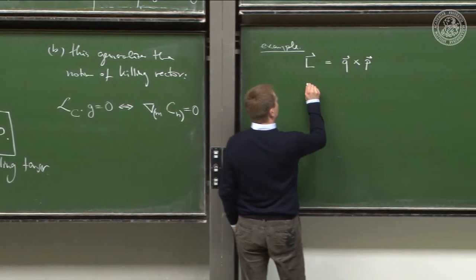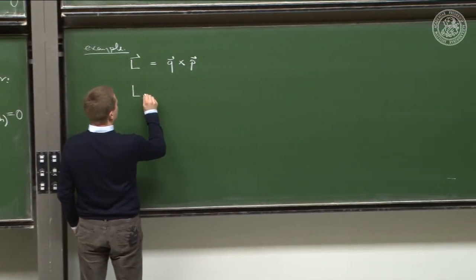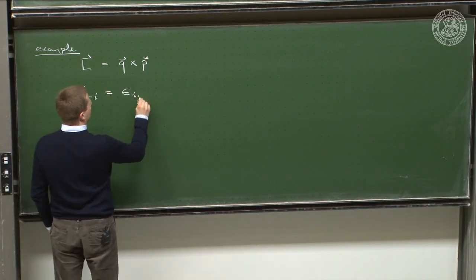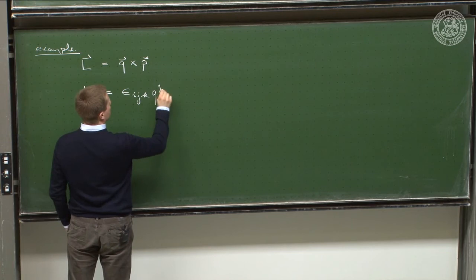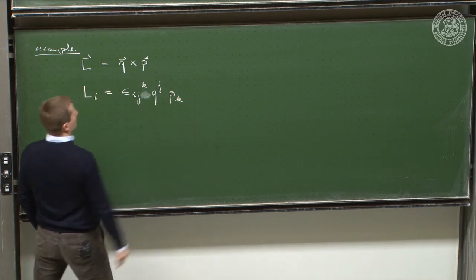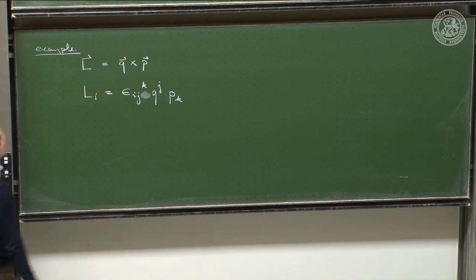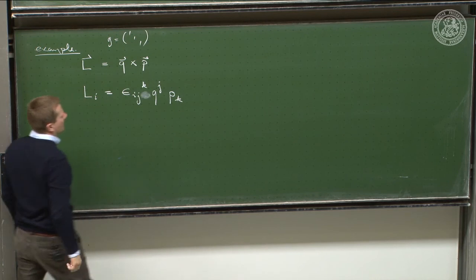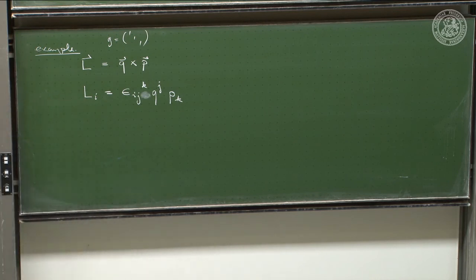And you know that the ith component of the angular momentum is epsilon_ijk q^j p^k. And I can raise and lower indices at will because I will use a flat metric throughout. Okay? I can do this.